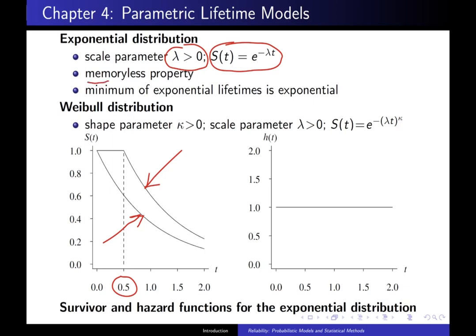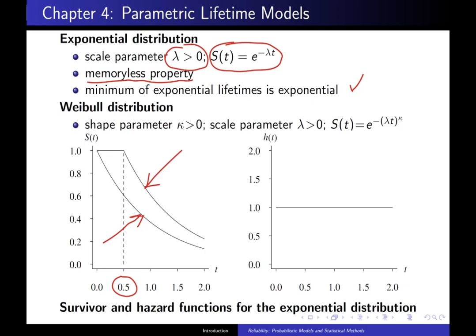The exponential distribution has a very well-known property called the memoryless property, which says if I take this conditional survivor function and simply slide it to the left, it will have exactly the same shape as the original distribution, which is to say a used item is just as good as a new item. Also, the minimum of exponential lifetimes is exponential, and that applies to both series systems and something we'll see subsequently called competing risks.